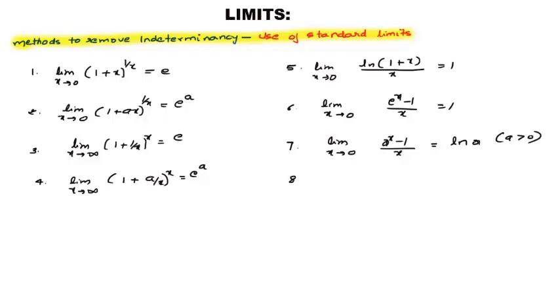Next one, limit x tending to a, (x raised to power n minus a raised to power n) whole divided by x minus a. This value comes out to be n into a raised to power n minus 1.